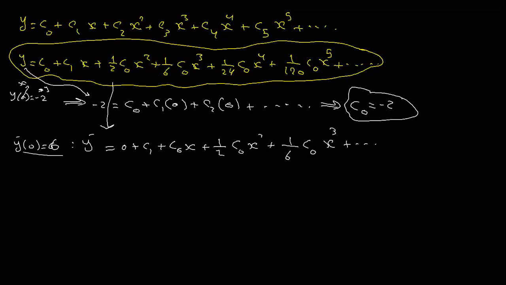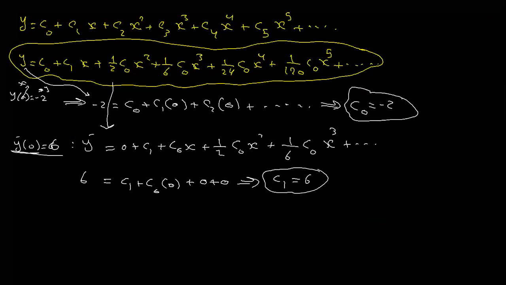Let me use my condition: instead of y prime, 6, equal c1 plus c0 times 0, because my x is 0, plus 0 plus 0. So my c1 is 6.